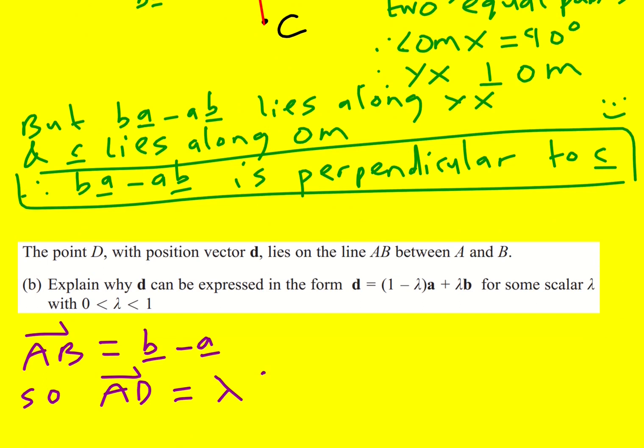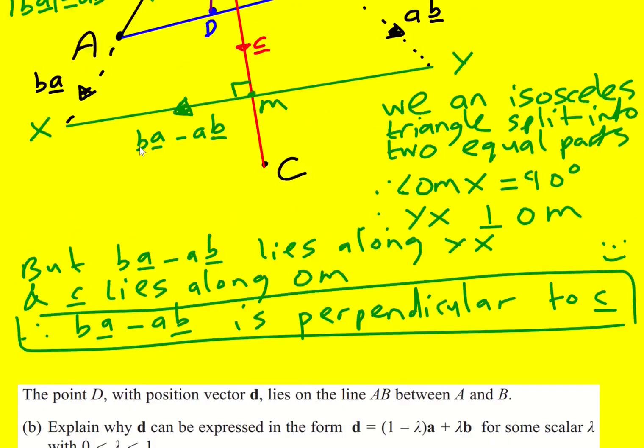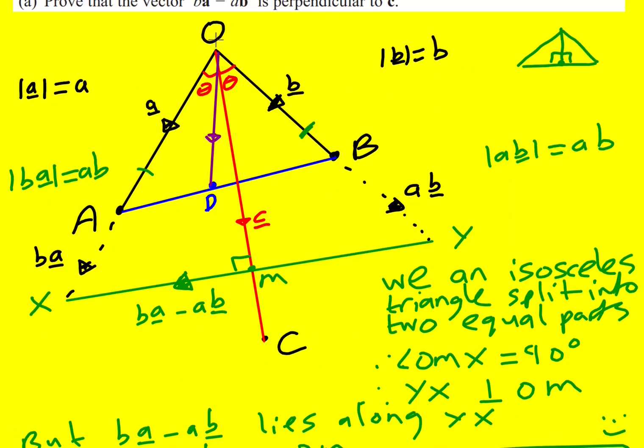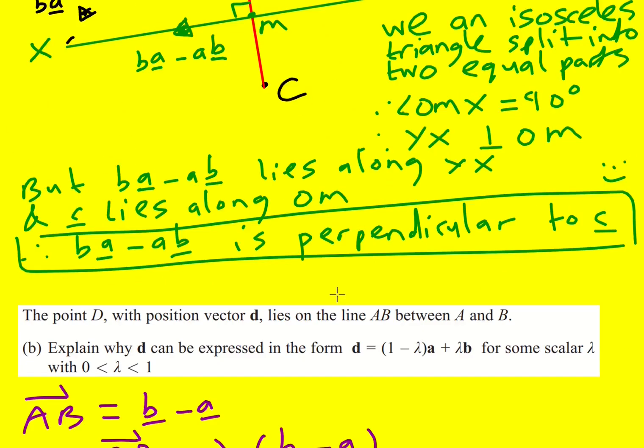It's going to be lambda times B minus A. And I've got AD, so O to D, which is little d, is then going to be A plus my vector A to D.